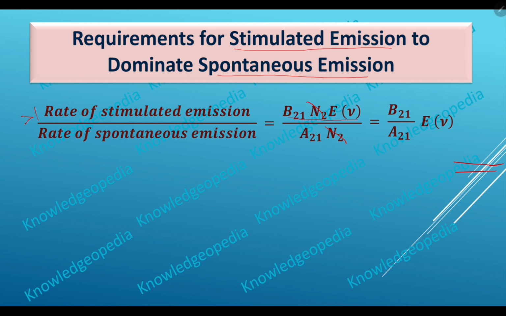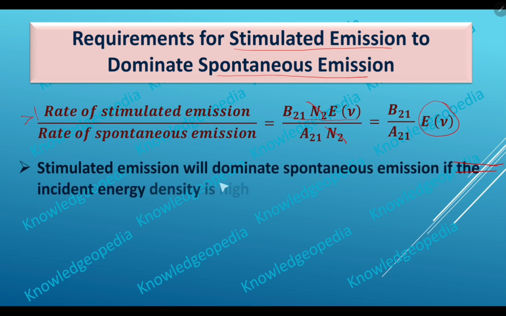So from here I can tell that this value will be more if I increase the value of E nu, which is nothing but the energy density of the incident radiation, right? So stimulated emission will dominate spontaneous emission if the incident energy density is high. If this E nu is high, then definitely this ratio will be more, and hence stimulated emission will dominate over spontaneous emission.